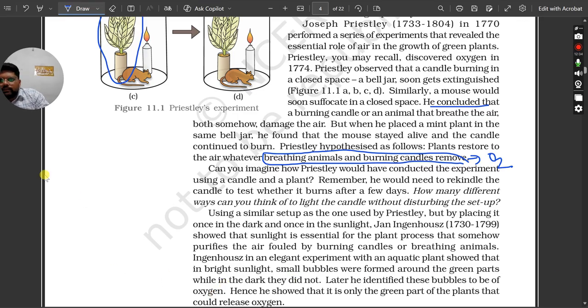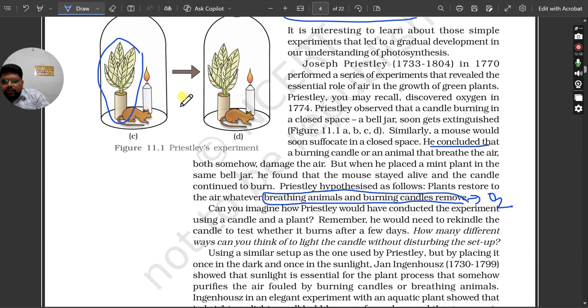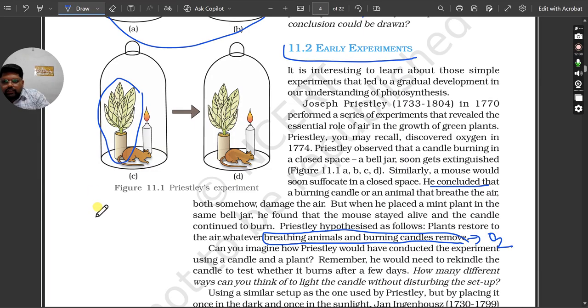What he did simply was take the same setup, keep one in the light and one in the dark. He found that in the one kept in the light, the mouse was alive and the candle was burning.